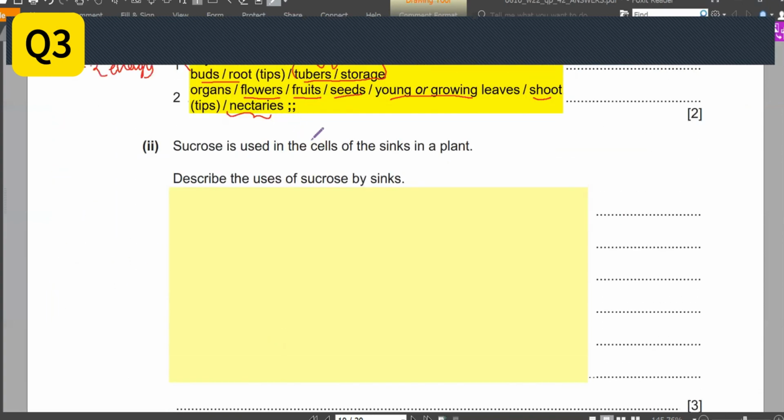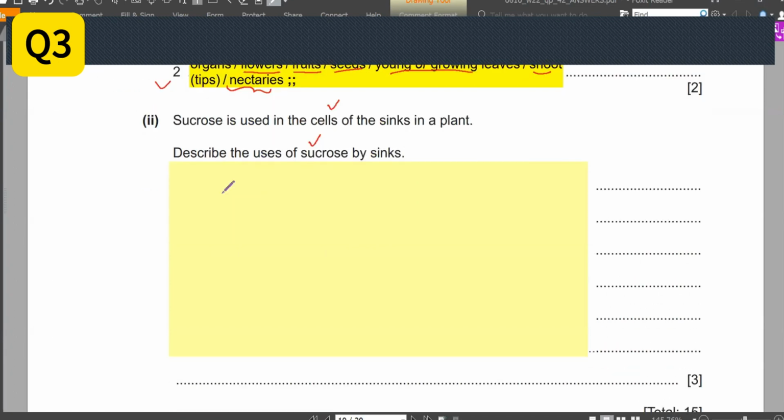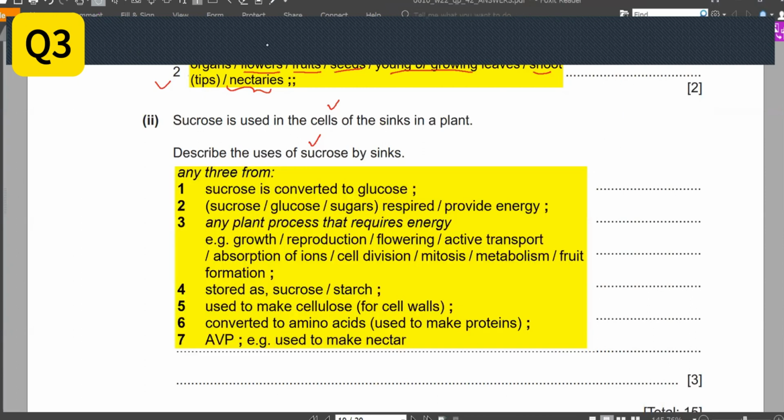Next, sucrose is used in the cells of the sinks in the plants. Describe uses of sucrose by sinks. So just now we talked about the different parts of the plants that act as the sink, and now we talk about how they are used. First, sucrose can be converted to glucose.